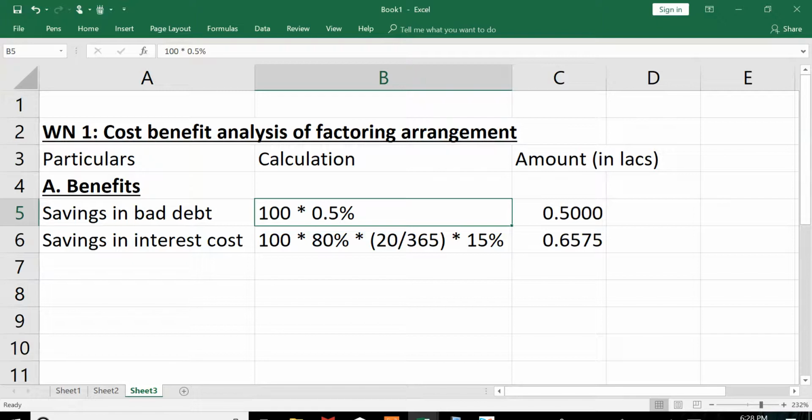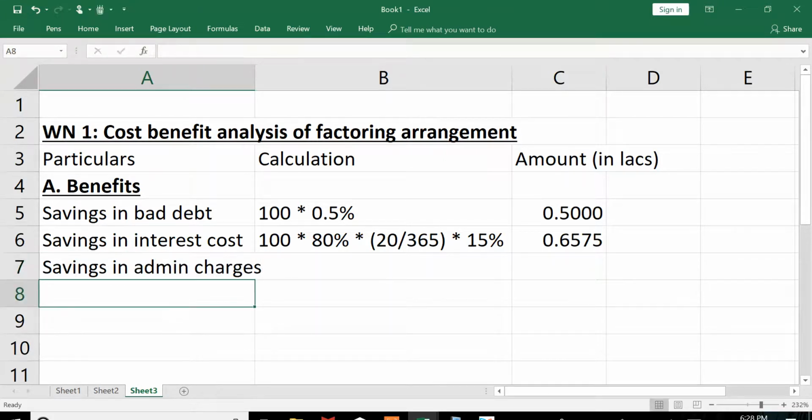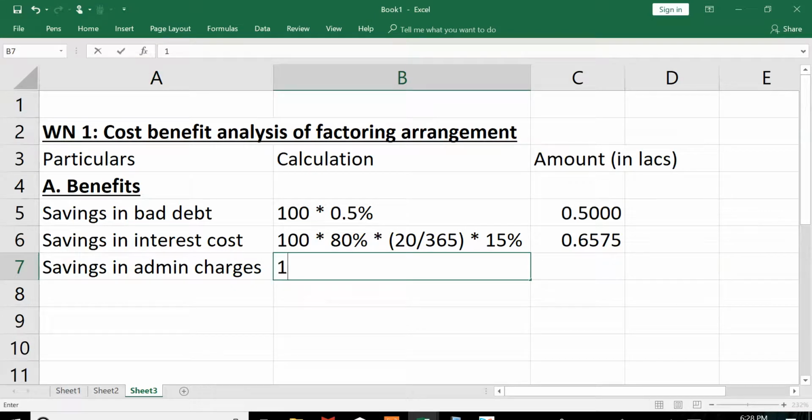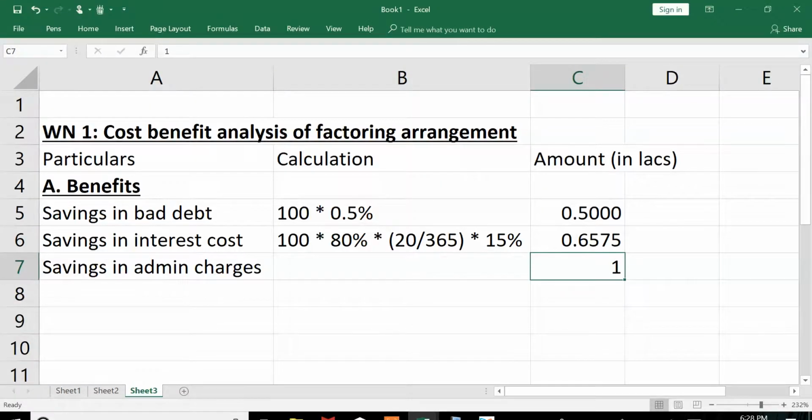Any doubts on this? Then there's another saving, which is savings in admin charges. This number is directly given, 1 lakh. Savings in admin charges is 1 lakh.